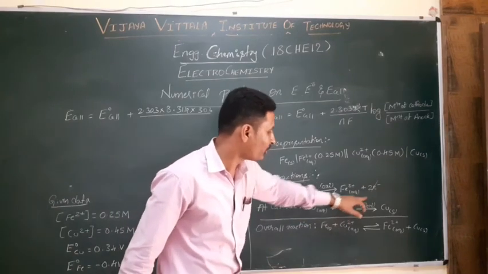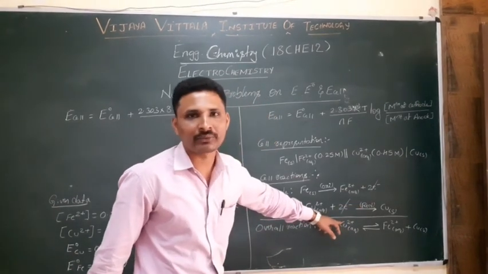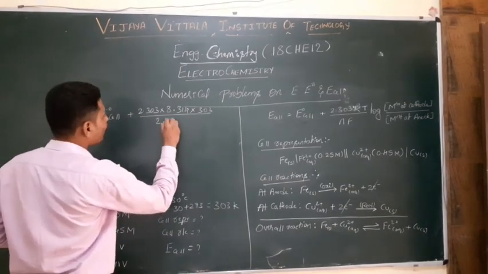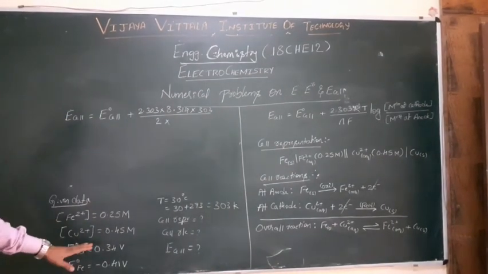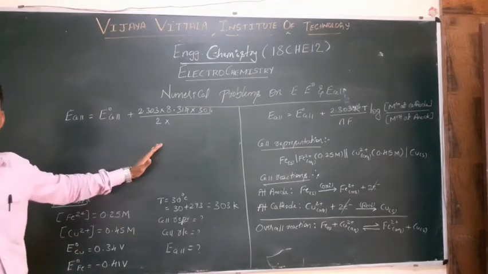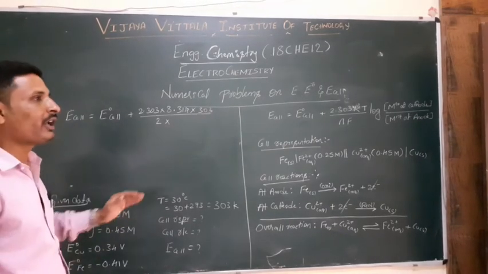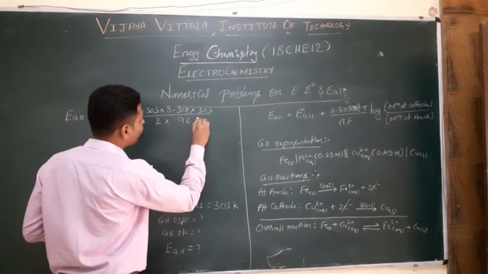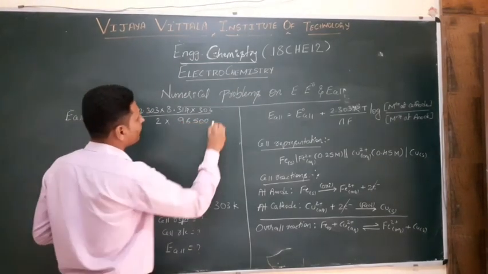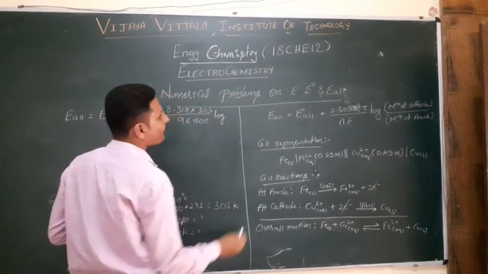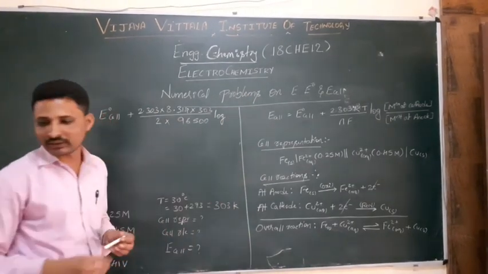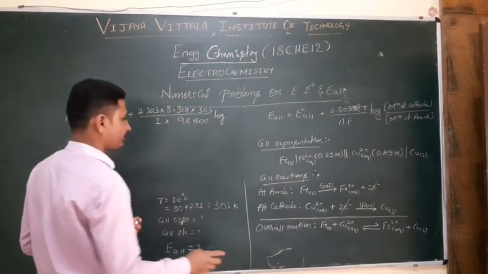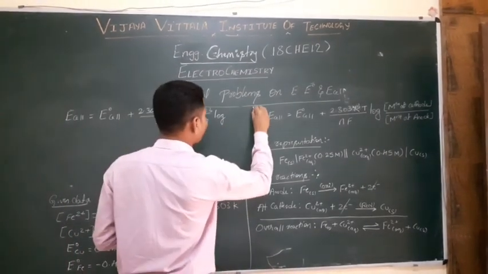Here 2 electrons are involved in this reaction, so 2 into F, Faraday's constant, whose value is 96,500 coulombs. And log of the metal ions at the cathode.